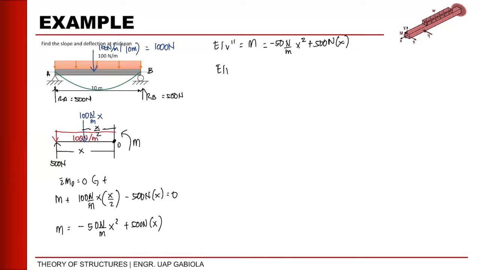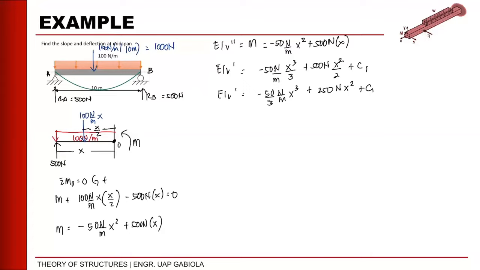We have EI v prime equals, from the first integration, negative 50 Newton per meter X cubed over 3 plus 500 Newton X squared over 2 plus C1. Okay? Simplify, we have negative 50 over 3 Newton per meter X cubed plus 250 Newton X squared plus C1.